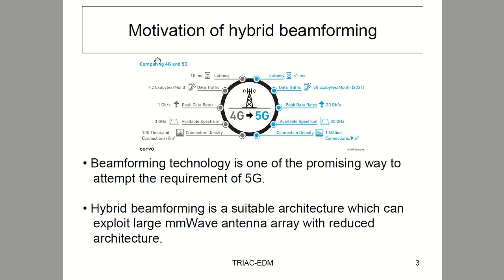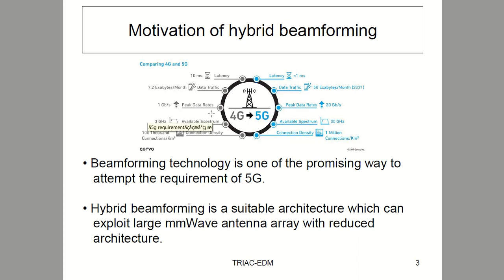if we compare 4G and 5G, originally we had 10 millisecond latency. Now for 5G we are demanding less than 1 millisecond. And as we can imagine, we were expecting 7.2 exabytes per month. Now we are expecting 50, which is a lot, and that is going to happen in 2021.